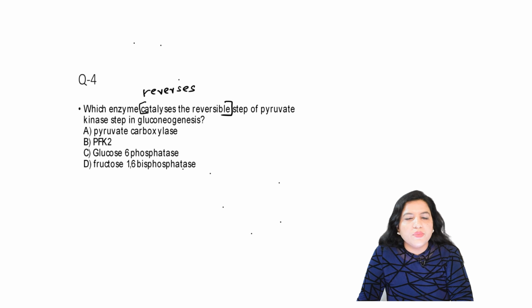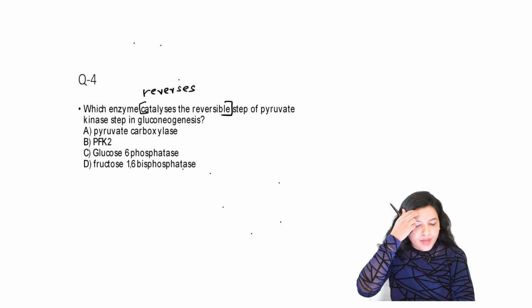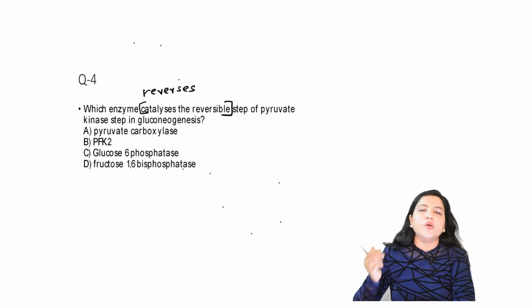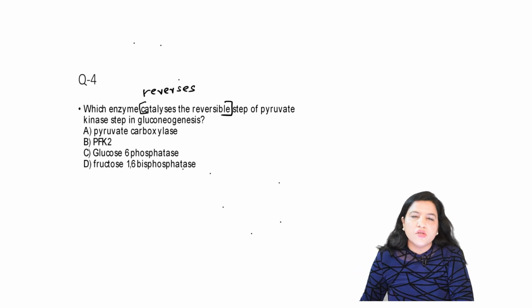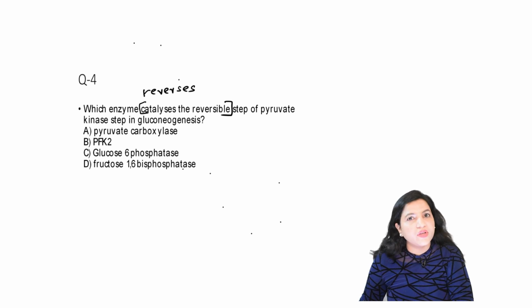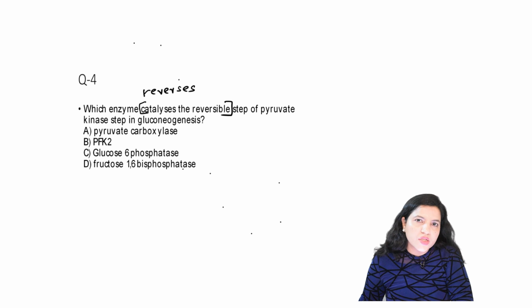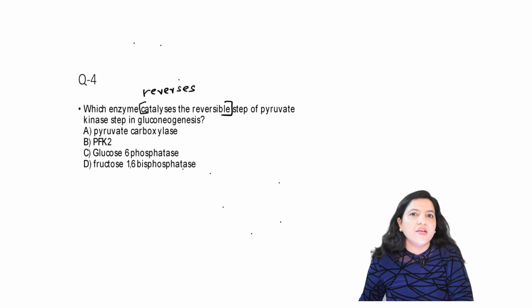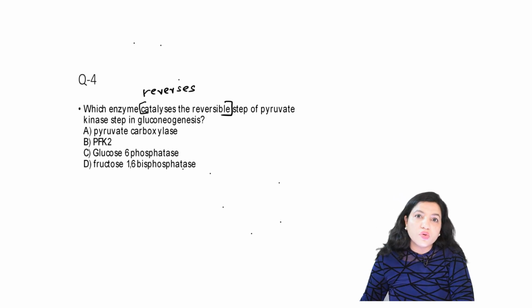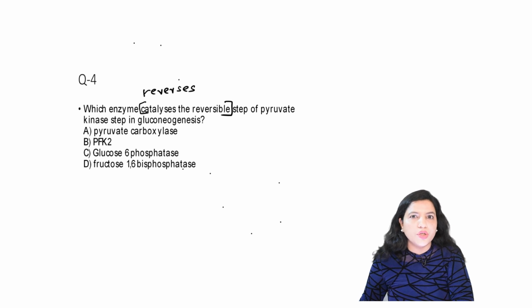Coming to question number 4, which enzyme reverses the pyruvate kinase step in gluconeogenesis? We know that pyruvate kinase catalyzes an irreversible step of glycolysis. This irreversible step is reversed by two key enzymes in gluconeogenesis.